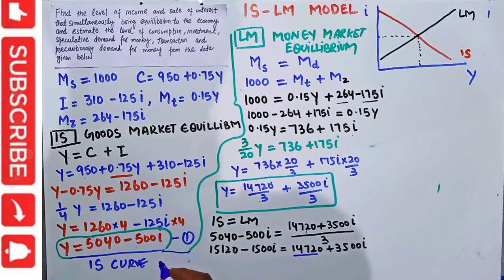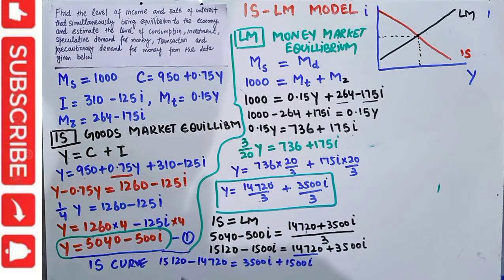So we have 15120 minus 14720 is equal to 3500 I. Transposing this minus 1500 I, it will become plus 1500 I here.